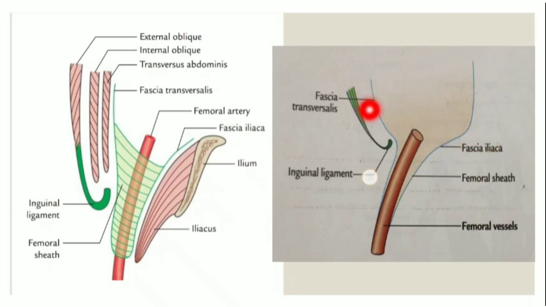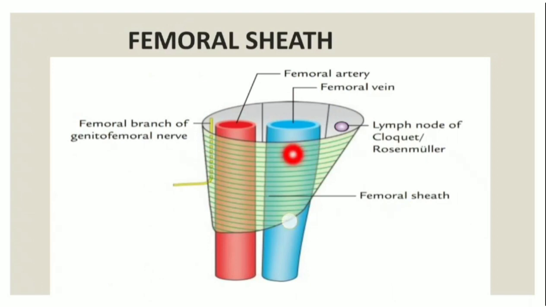These two fascias prolong downward into the lower limb and form the femoral sheath. Can you understand? Fascia transversalis and fascia iliaca. This is how the femoral sheath is formed.